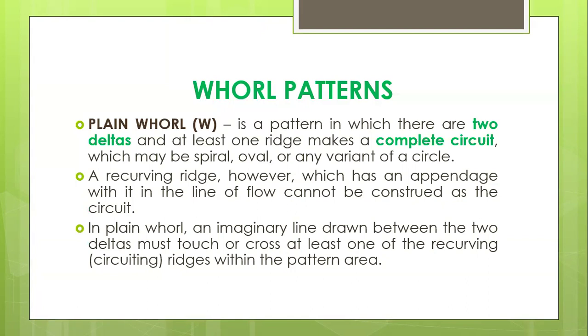So, in short, when we say whorl pattern, a whorl pattern has a circuiting ridge or a complete circuit that can be found inside the pattern area. It can be spiral, oval, or any variant of a circle.